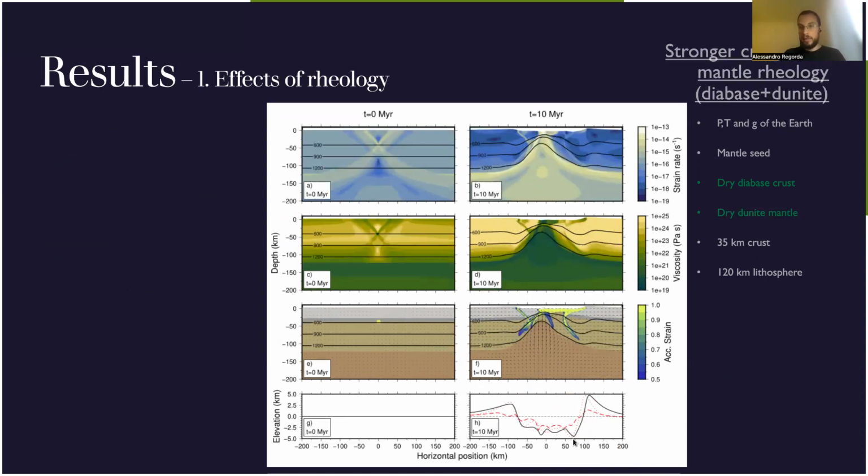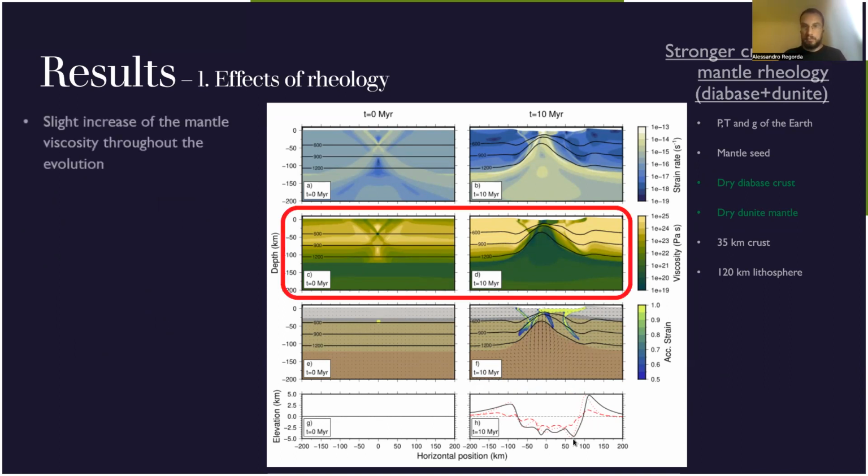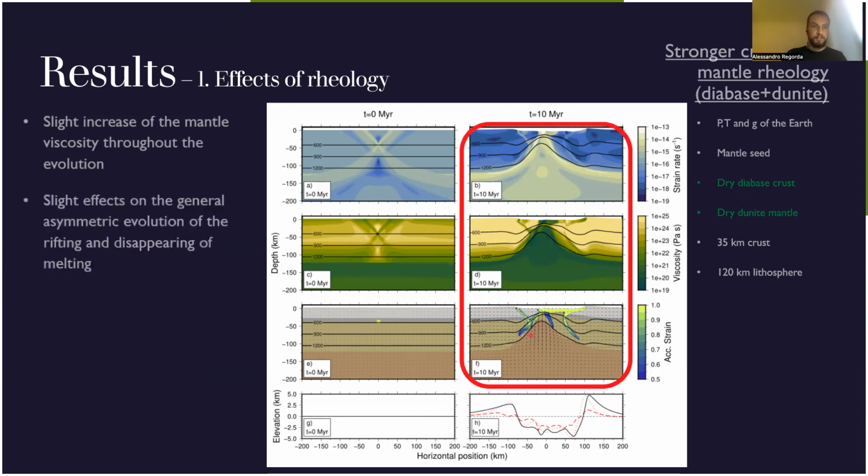Same model, but with a stronger mantle rheology. Again, nothing interesting here. Higher viscosity also in the mantle, in the asthenosphere, and it's even slower than the previous model with less upwelling of the mantle and no melting.